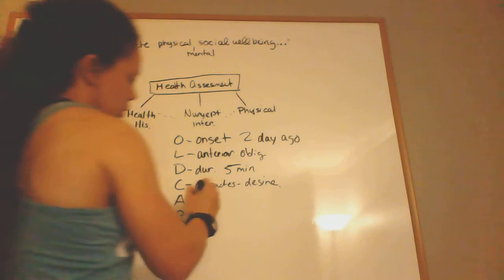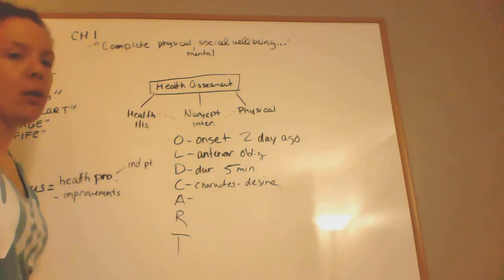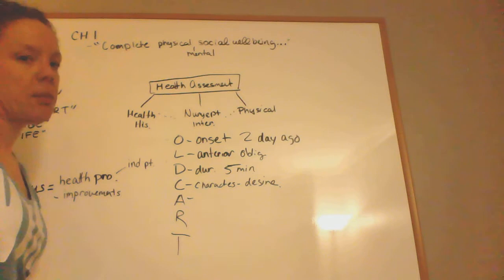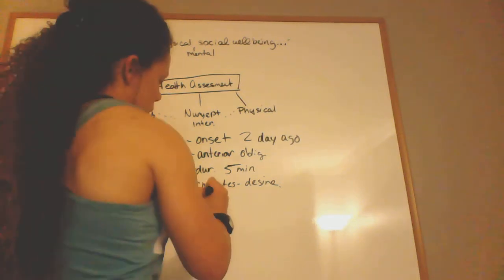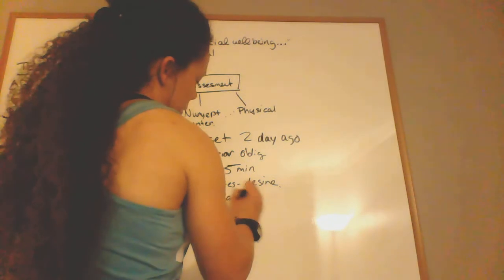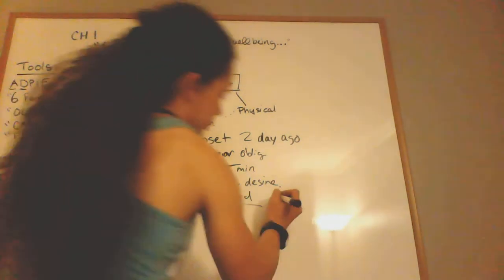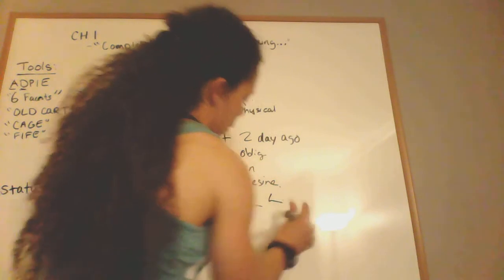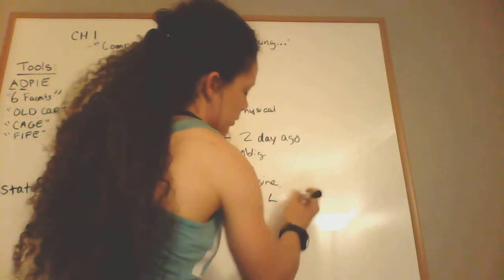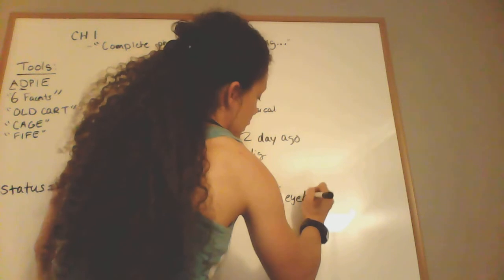Associated manifestations: when my right side hurts, my left eyeball goes numb. My eyeball goes numb. That's a technical term, by the way.